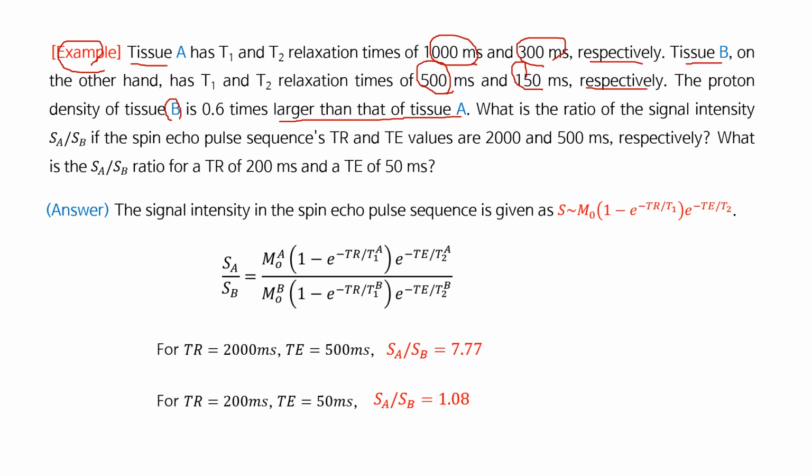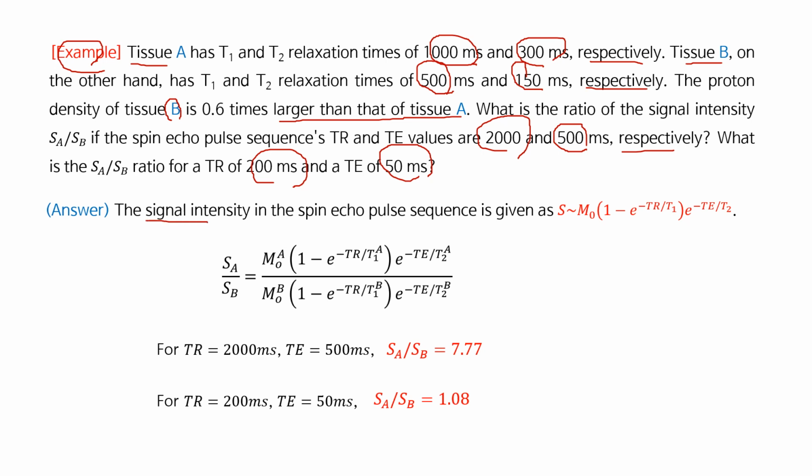What is the ratio of the signal intensity SA to SB if the spin echo sequence's TR and TE values are 2000 millisecond and 500 millisecond respectively? What is this ratio for TR 200 millisecond and TE 50 millisecond? So you can compare these two cases.